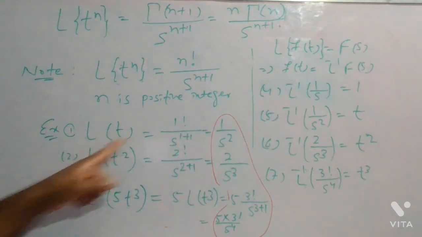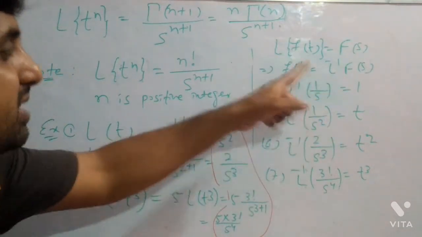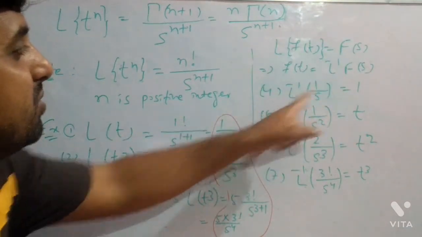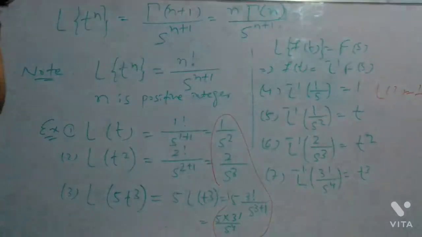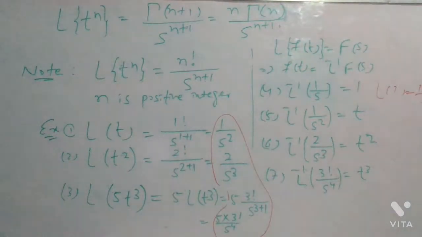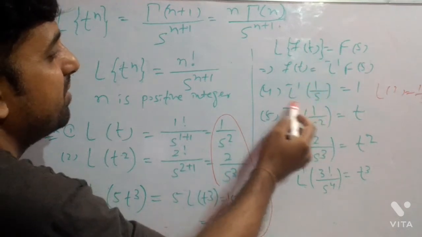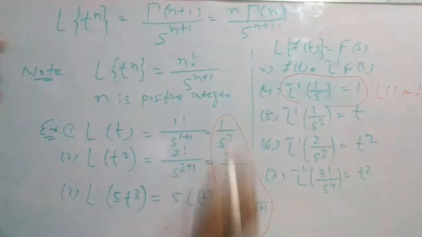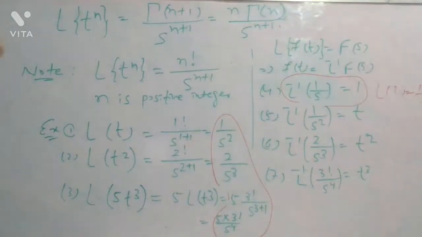Because we know that Laplace of 1 is 1 by s, as discussed in the first lecture. So Laplace inverse of 1 by s is equal to 1.